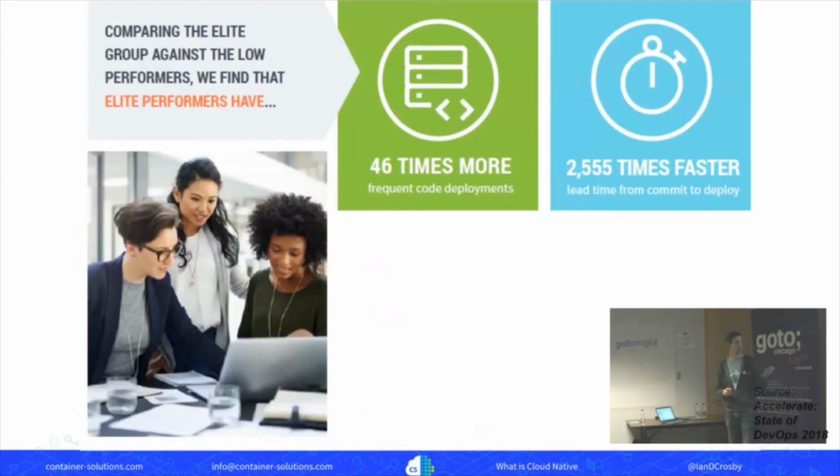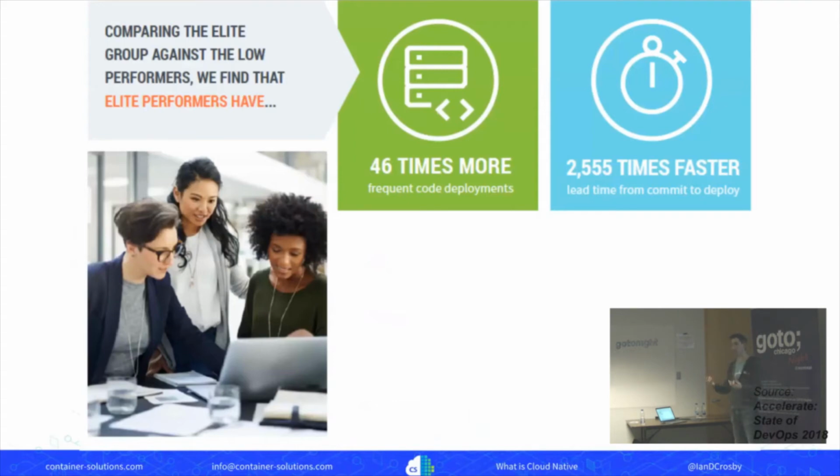The high performers are making 46 times more deployments, so they're way more agile, making way more changes to production than the lower performers. And the time it takes from a commit to actually get deployed is 2,500 times faster.